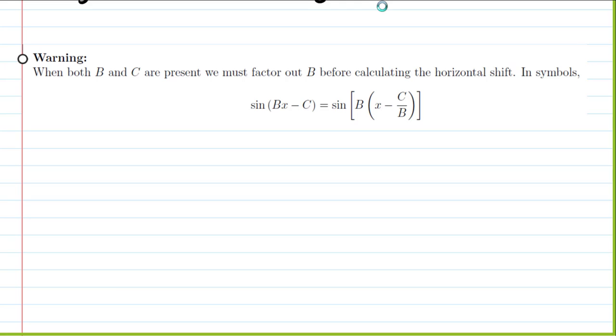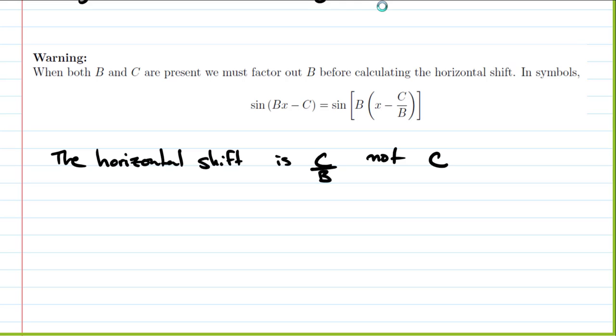In symbols, if you have a function of the form sine of bx minus c, we need to rewrite it as sine of b times parenthesis x minus c over b. So we have to factor it so that inside the parentheses the coefficient on the x is 1, and then the horizontal shift is c over b, not c.